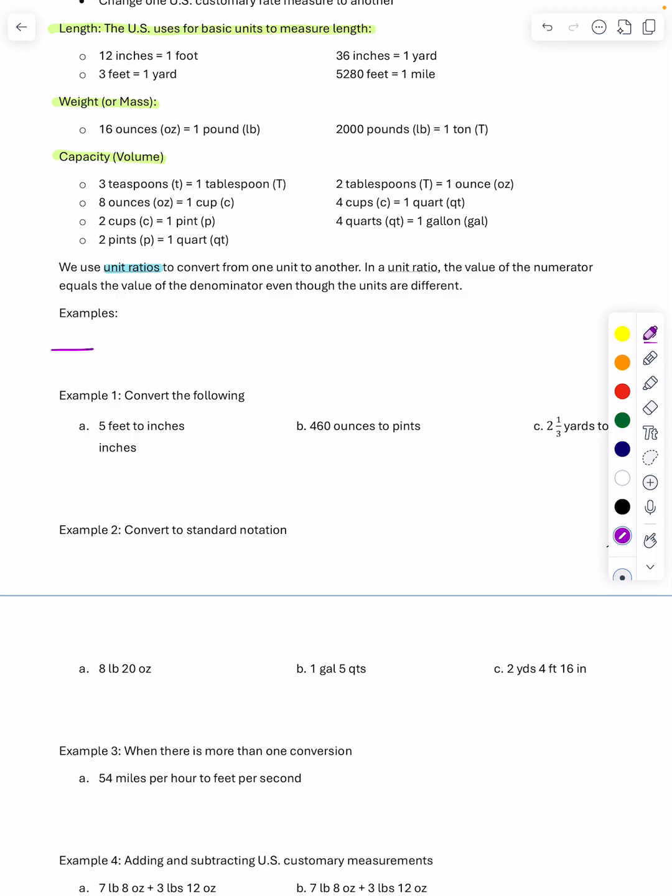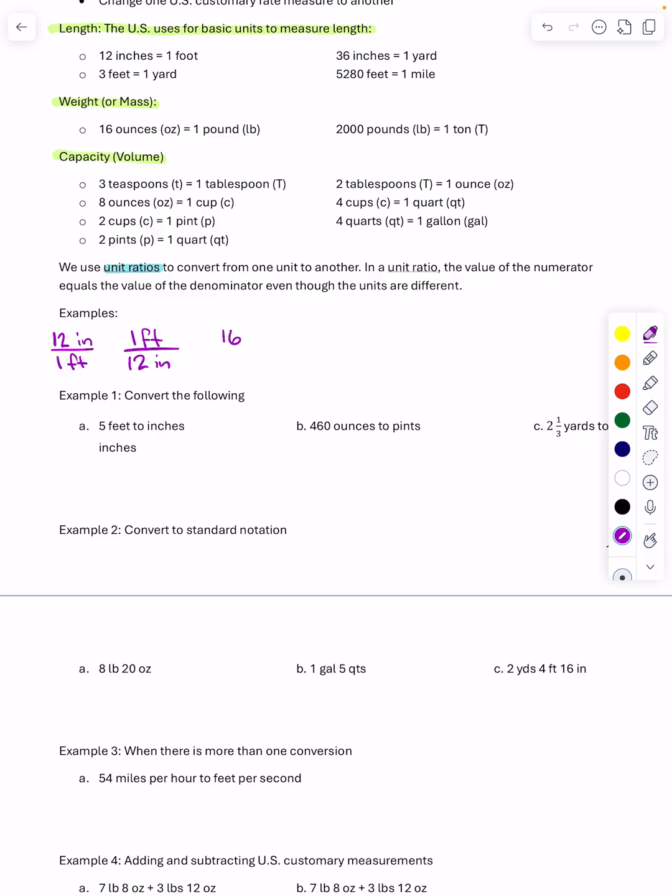So if I'm going inches to feet, I want equivalent measures. So I could put 12 inches in the numerator, 1 foot in the denominator. Those are equivalent. There may be a time when I have to use it the other way, 1 foot over 12 inches. Both of those work the exact same way.